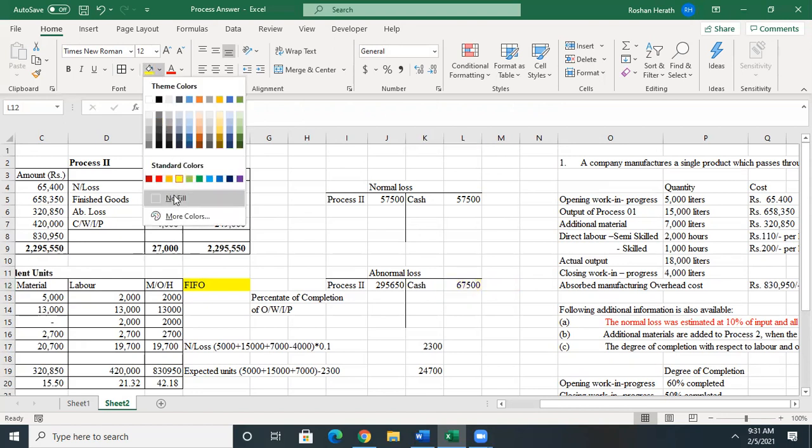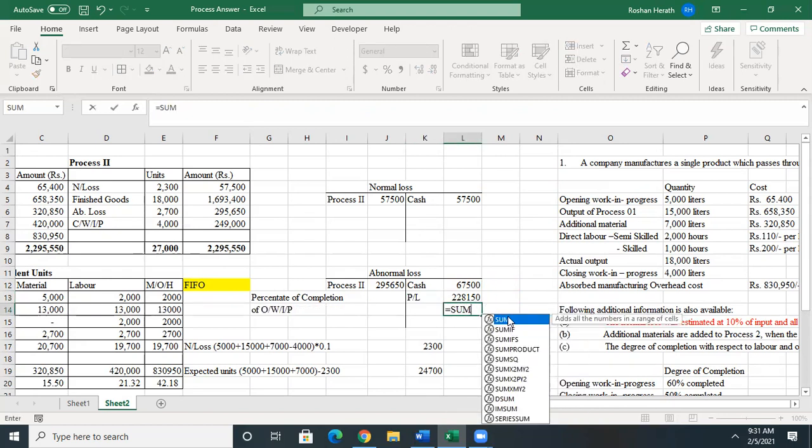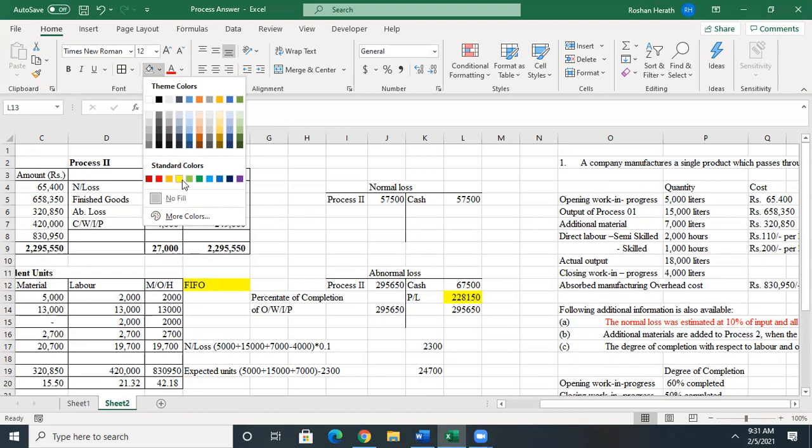That will reduce your loss, and the loss is going to be 228,100. This is the loss.